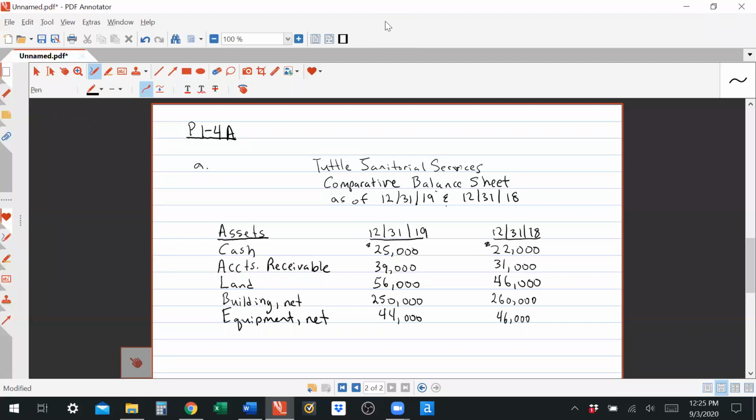All right, we had some questions. Let's look. Tyler says, aren't liabilities listed on the balance sheet? They are, Tyler, in the liabilities section. We're in the assets section right now.